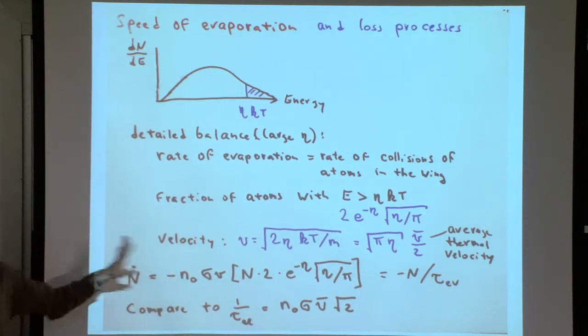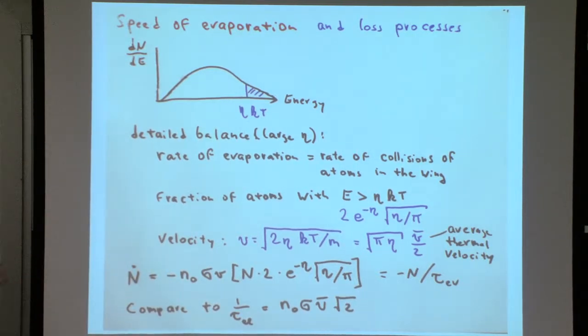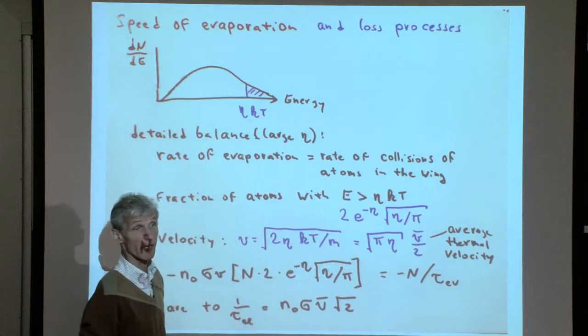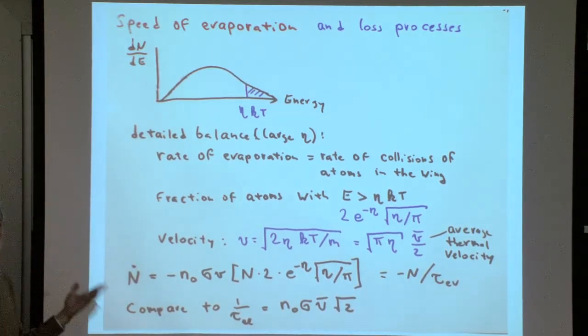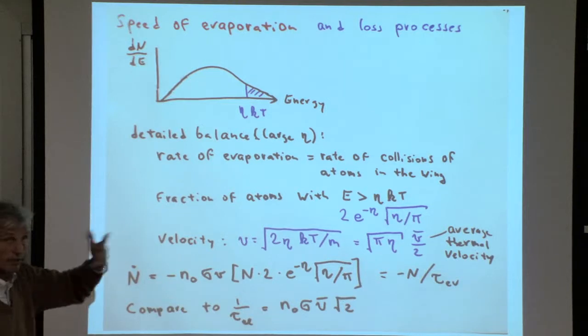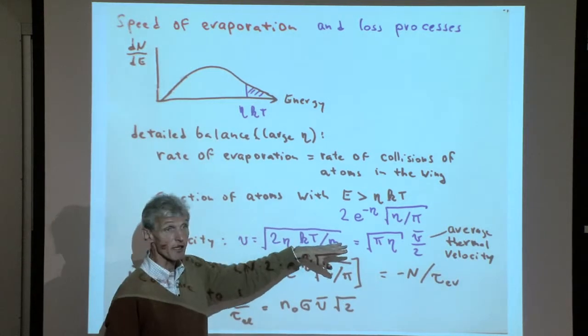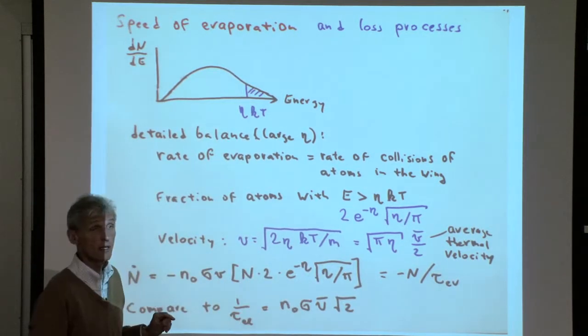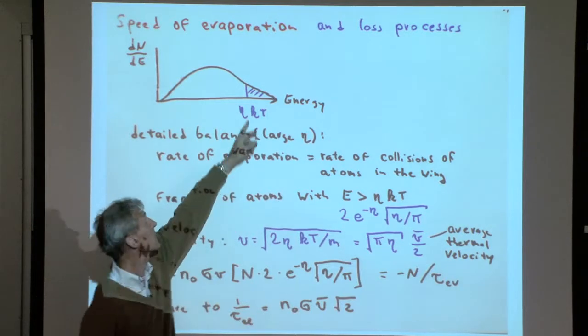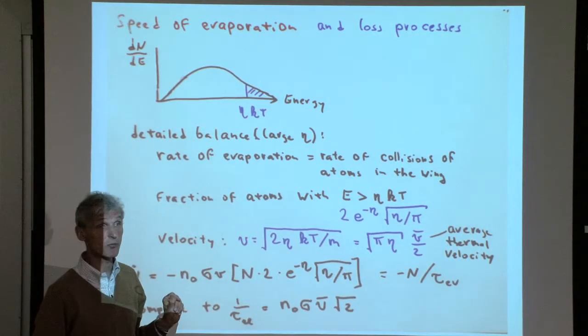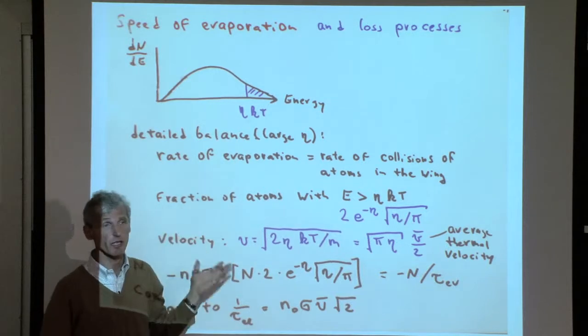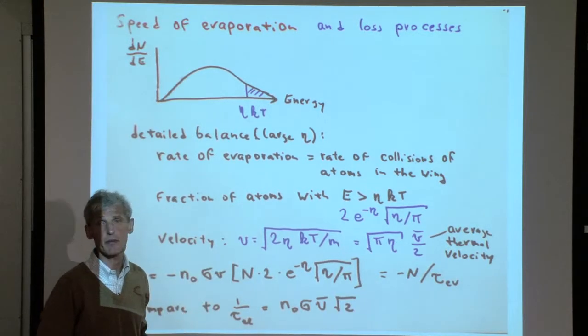It's subtle, but it's fairly straightforward. I make the assumption here that eta is sufficiently large that I can use properties of the equilibrium Maxwell-Boltzmann distribution to estimate those rate constants. And when I found the analytic expression, I could compare to theory which was much more complicated and used a truncated Boltzmann distribution. In the asymptotic limit of large eta, I was in full agreement with the other results.